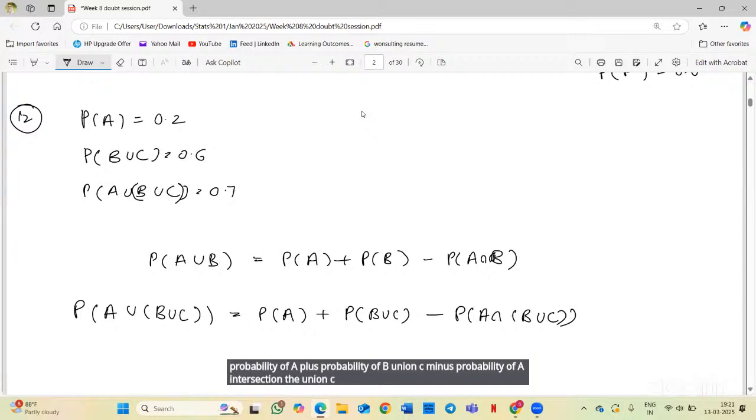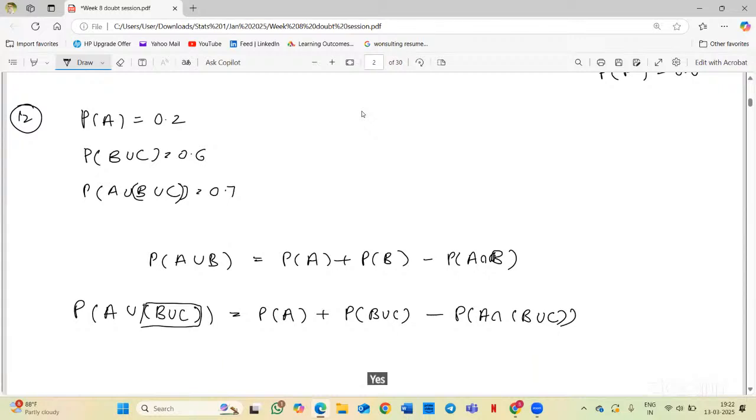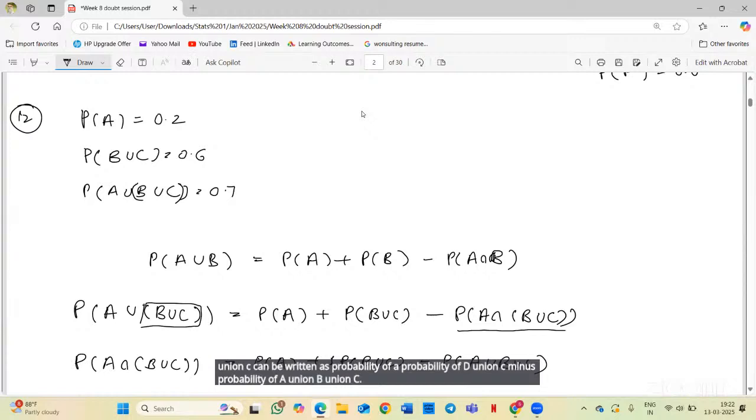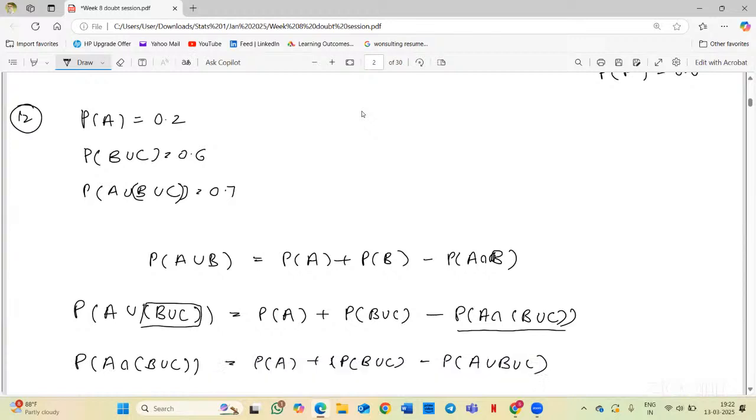This is my one event, right? Now I have to find out this value. So probability of A intersection B union C can be written as probability of A plus probability of B union C minus probability of A union B union C. I've just rearranged.